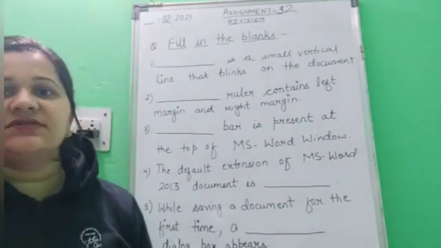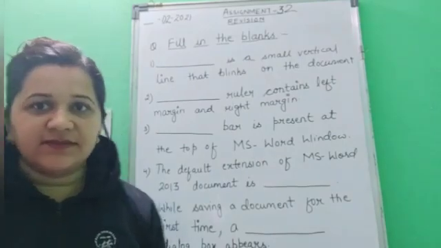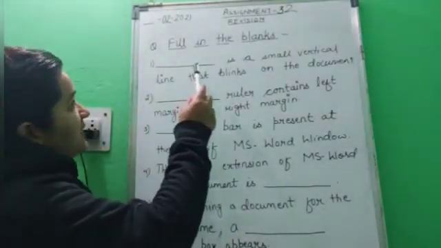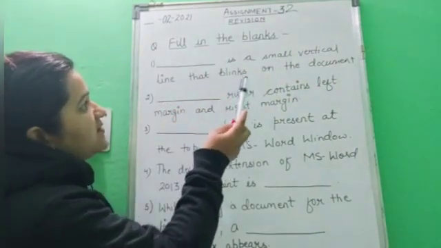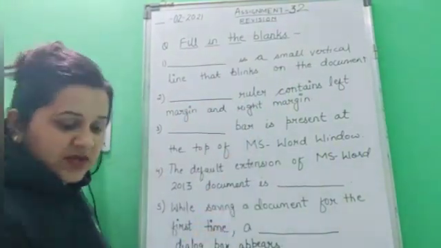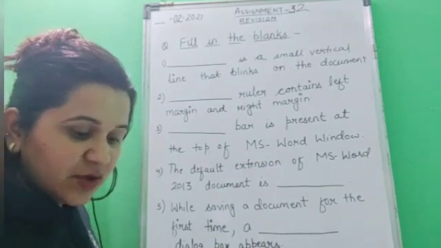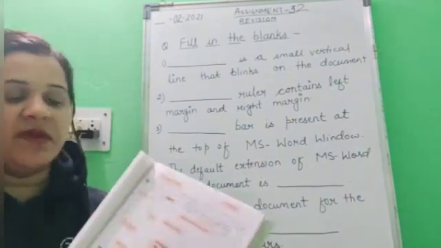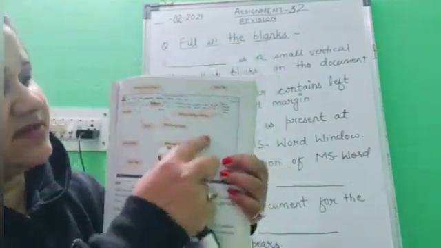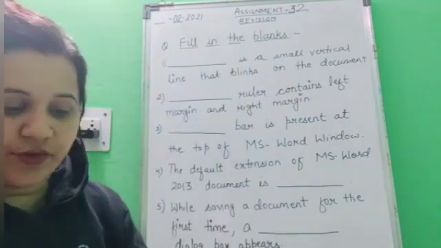First question is fill in the blanks. First part, dash is a small vertical line that blinks on the document. Children, whenever we open MS Word, the white screen which we see here is the document window.